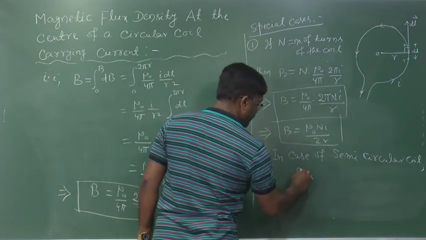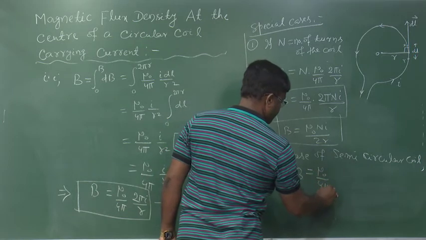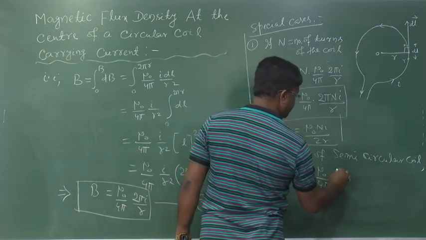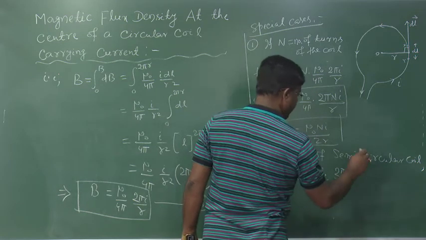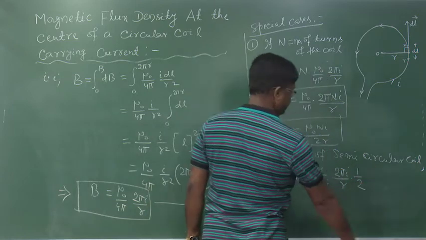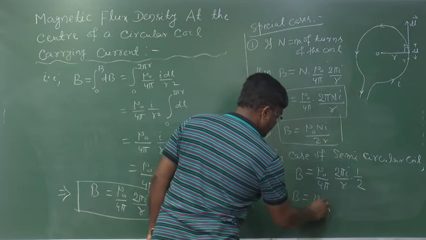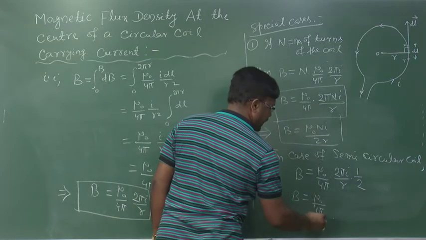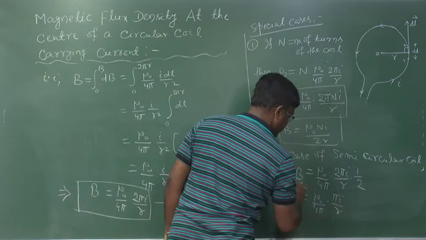So, B will be how much? Mu 0 by 4 pi into 2 pi I by r into half, which is B equal to mu 0 by 4 pi into pi I by r.